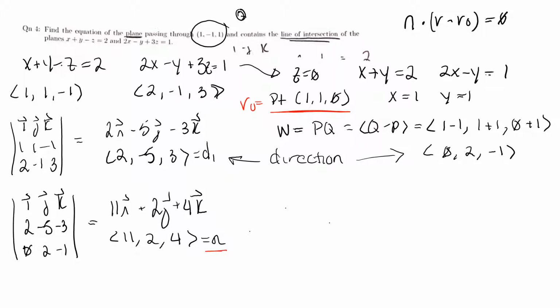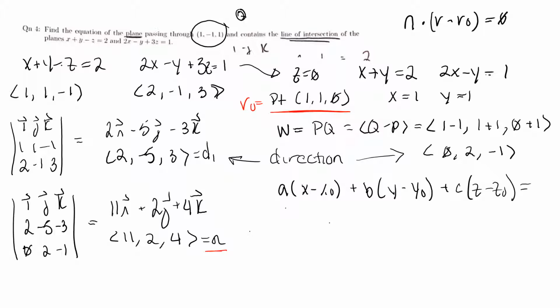We go ahead and plug it back into the equation, and we end up getting a times (x minus x naught) plus b times (y minus y naught) plus c times (z minus z naught) equals 0.